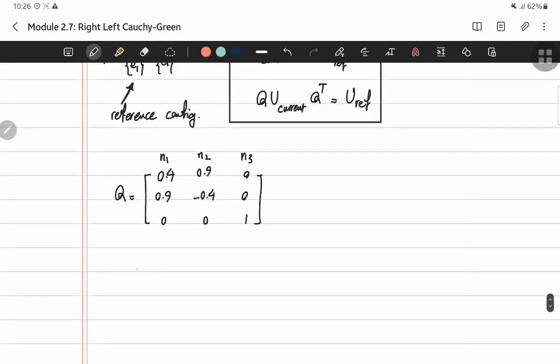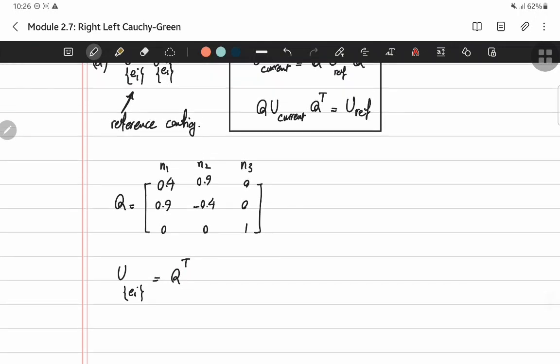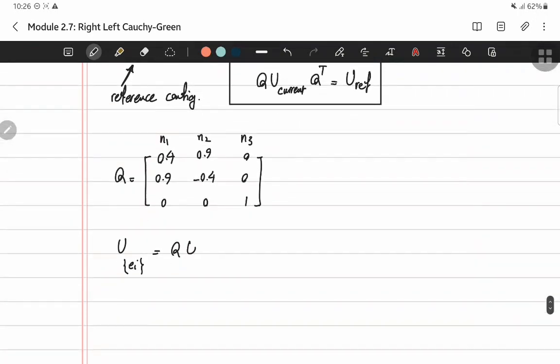So according to this, U in the reference configuration is equal to Q, then U in the current configuration, then Q transpose.